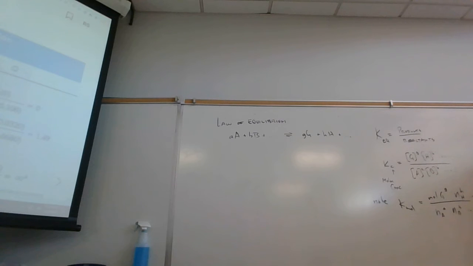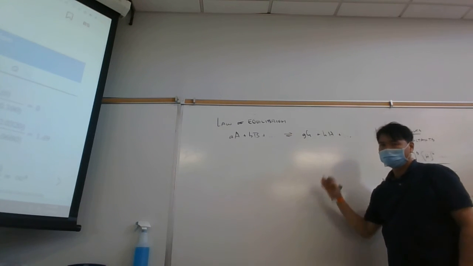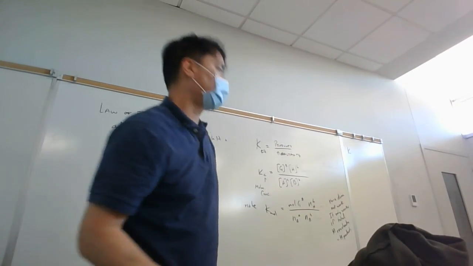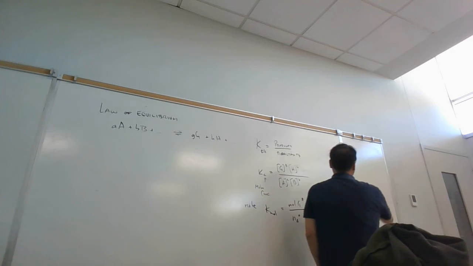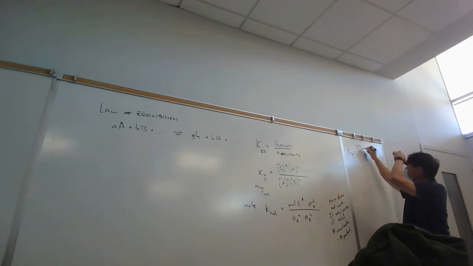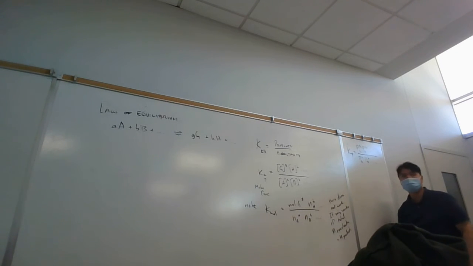Or there's one other thing. If we're dealing with gases, gases can be expressed in terms of molarity or pressures. And so for gases, we have something called Kp. Kp is just equal to the partial pressure of G raised to little g, partial pressure of H raised to little h, and so on, and then on the bottom, partial pressure of A raised to little a, partial pressure of B raised to little b, and so on.